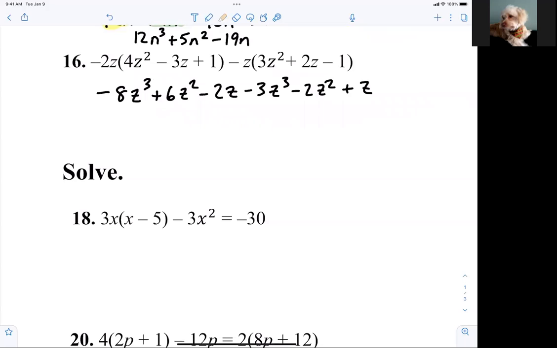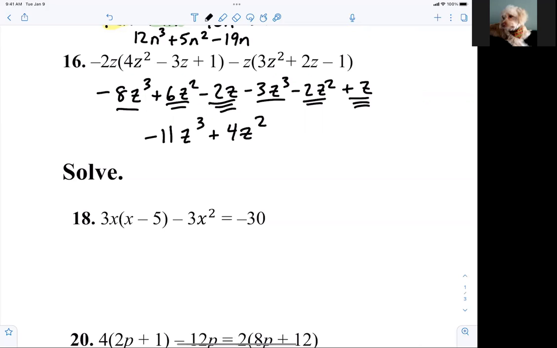Yes. All right, come on now. Negative 11z cubed. And then 4 plus 4z squared.